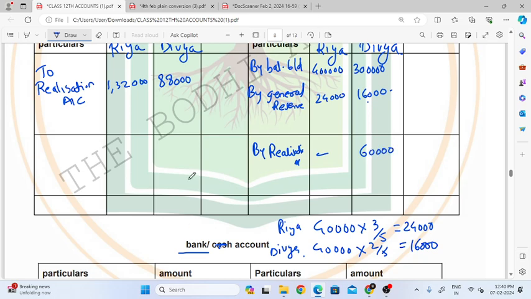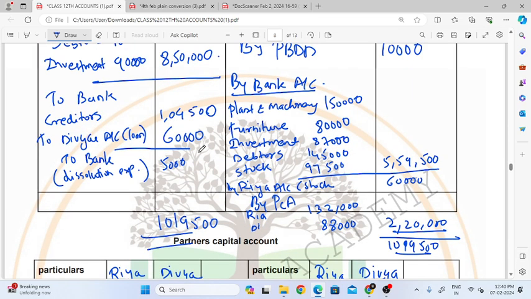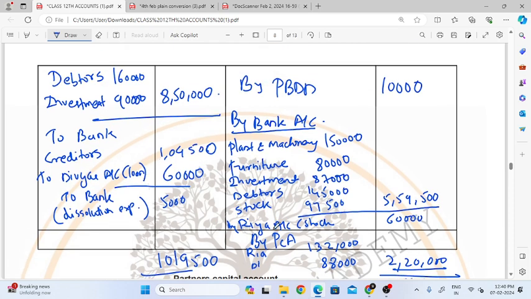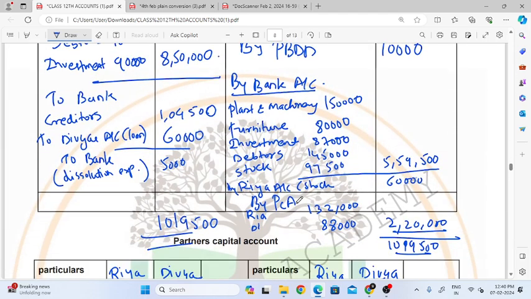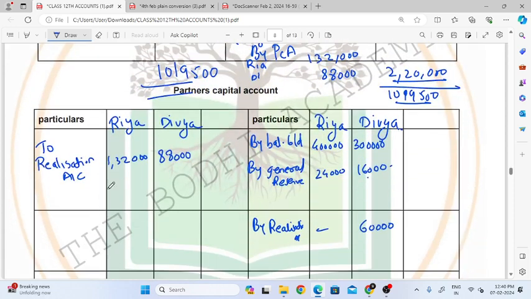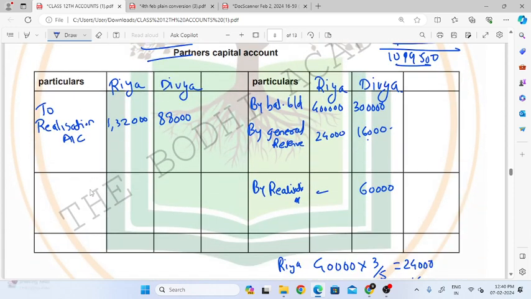Then again we have to check our realization account and see what else is remaining. Riya's account: stock is taken over by a partner, 60,000. So to realization account, Riya, 60,000.